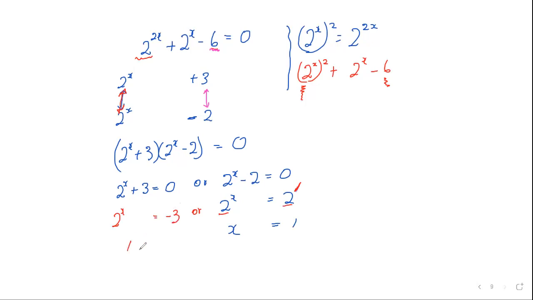This one does not have a solution, because if you solve that and you use the logs, this can be x log of 2 is equal to the log of negative 3. You don't have a log of a negative number. So the only solution is that x is equal to 1.